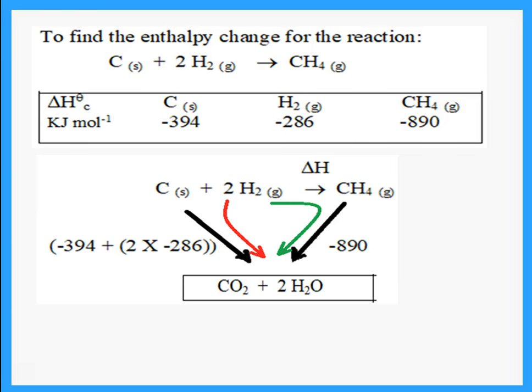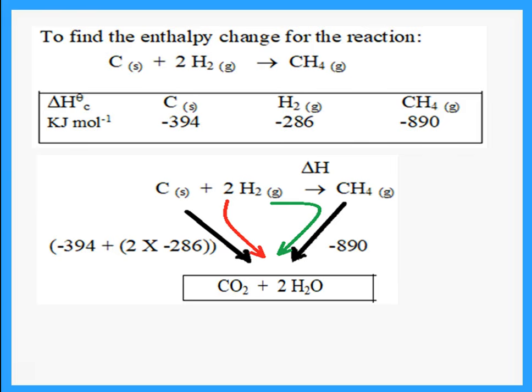If I burn 2 hydrogen, it will give 2 water. If I burn the methane, it gives carbon dioxide plus water. So going from carbon plus hydrogen to give carbon dioxide plus water. Can you see where I'm going?